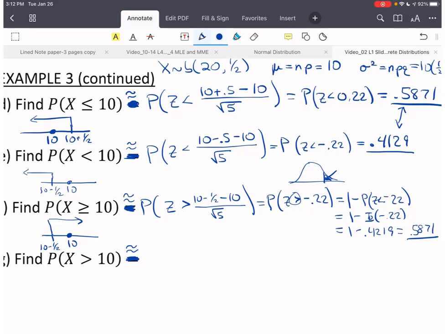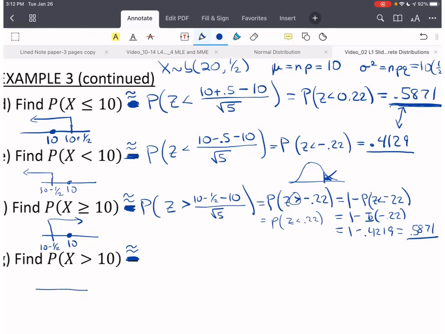Okay, so one of the tables allows you to look at greater than. Oh no, that's right, it's a positive. So you have to subtract this from 1, or use symmetry, and then you can figure it out. That the probability that z is greater than negative 0.22 is the probability that z is less than 0.22, okay, which is what we saw up here, 0.5871. So you can use symmetry to get this as well.